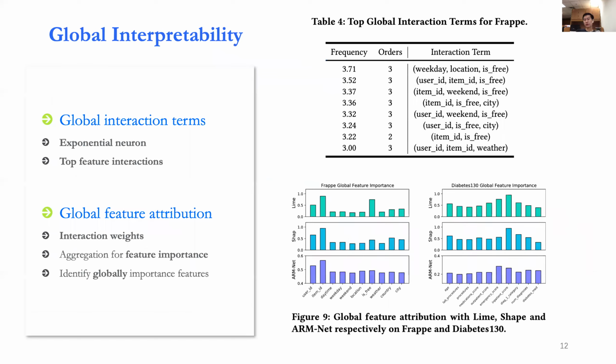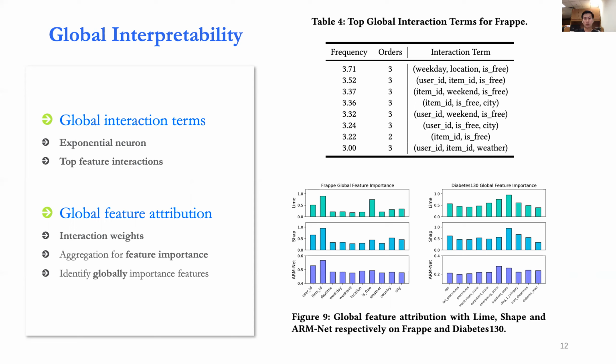Here we also briefly introduce the interpretation functionalities of ARMNet and demonstrate how ARMNet can provide both global interpretation and local interpretation. We mainly demonstrate with the app recommendation dataset Frappe and Diabetes 130, which collects 10 years of diabetes encounters at 130 hospitals. The task is inpatient readmission prediction.